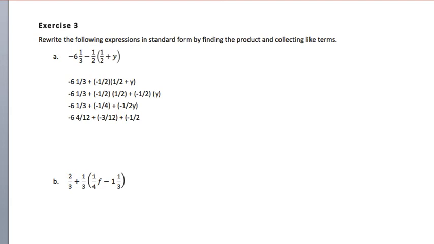And of course our negative 1/2 y. And then finally, we have negative 6 and 4/12 and negative 3/12, so we add them together and keep the sign. And that will give us negative 6 and 7/12 plus negative 1/2 y. And that will be our final answer.